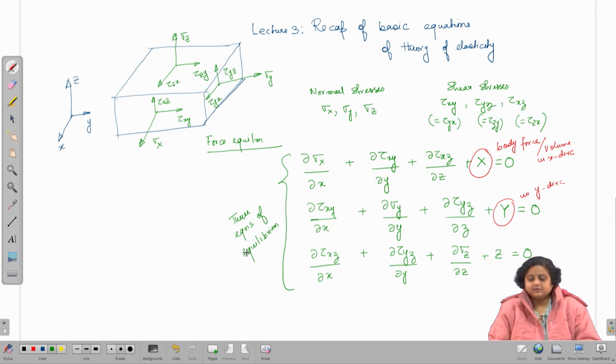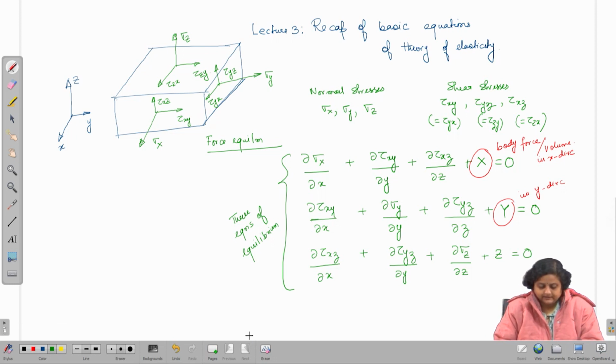So, apart from these three equilibrium equations, the stresses should also satisfy the boundary conditions that are there for any generic 3D body. So, let us get into the next set of boundary conditions that we have for any 3D body.